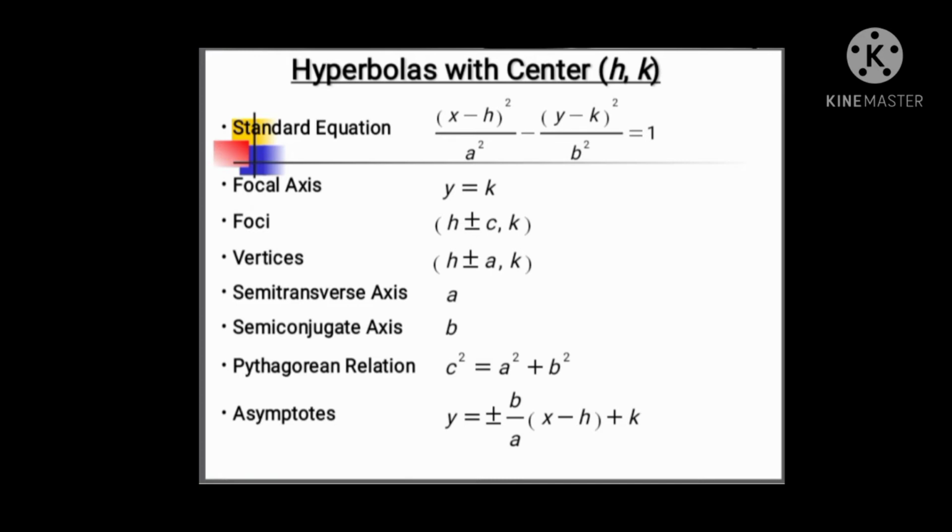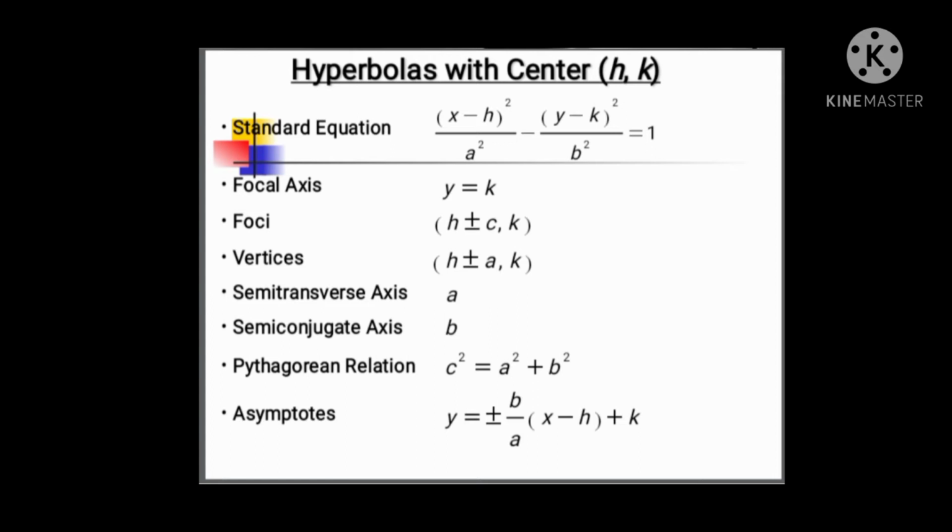So the standard form of the equation of a hyperbola with the center at h and k is the quantity x minus h squared over a squared minus the quantity y minus k squared over b squared is equal to 1. Its focal axis is y equals k. Its foci are h positive, negative c and k.